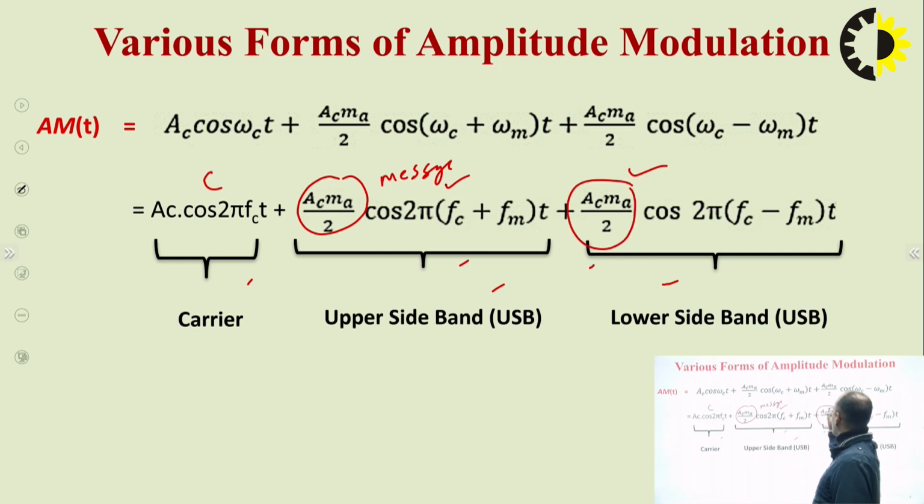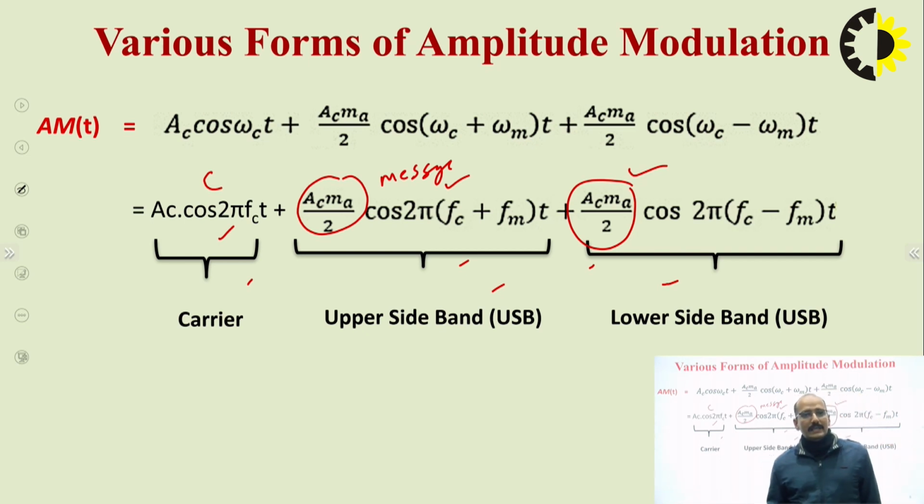You can see both amplitudes are the same, only the frequency is different. So when we talk about the complete power of this waveform, a large part of the signal is acquired by the carrier, which is not taking any message to the distant place, and the parts of the signal which do take the message to the distant place are the upper sideband and lower sideband, but they are both duplicates.